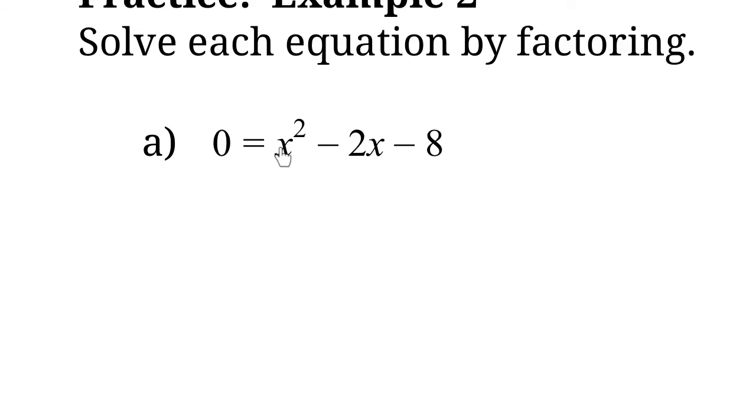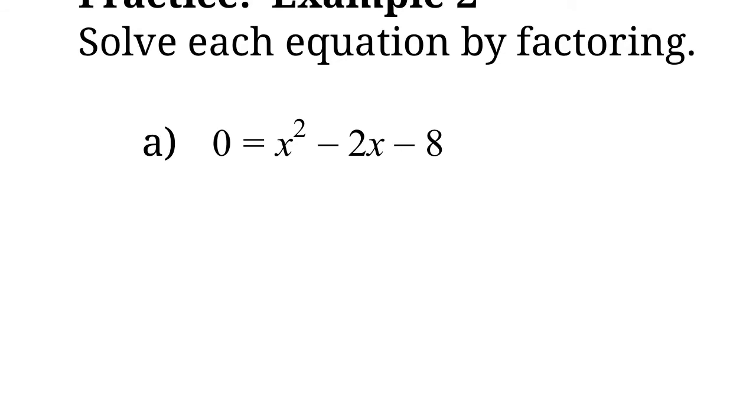If we look at the format of this equation, we see that we've got an x squared term, a term in the middle with an x, and a plain number on the end. So this tells us that this would be a great equation that could be factored using the decomposition method. So the first thing that we're going to do is list out our a, b, and c values.